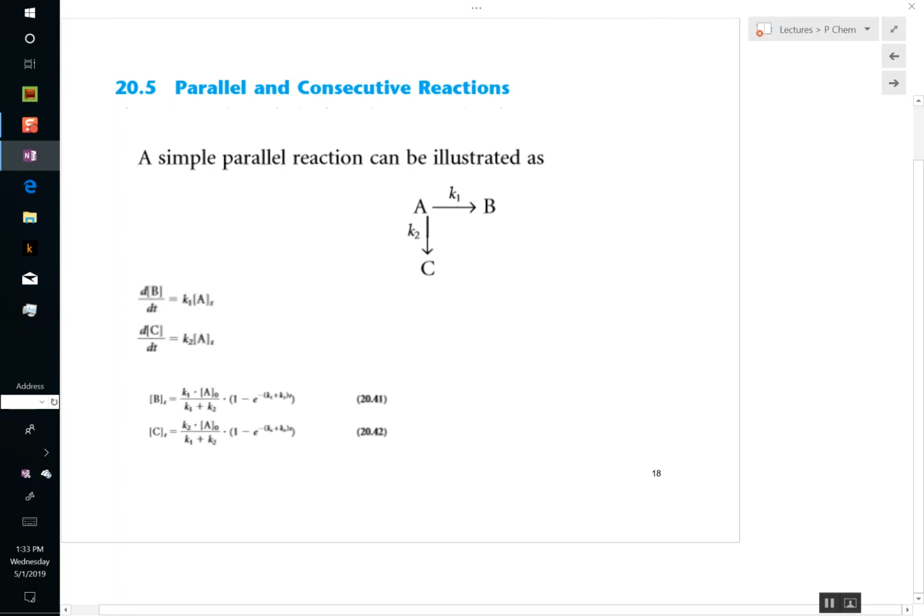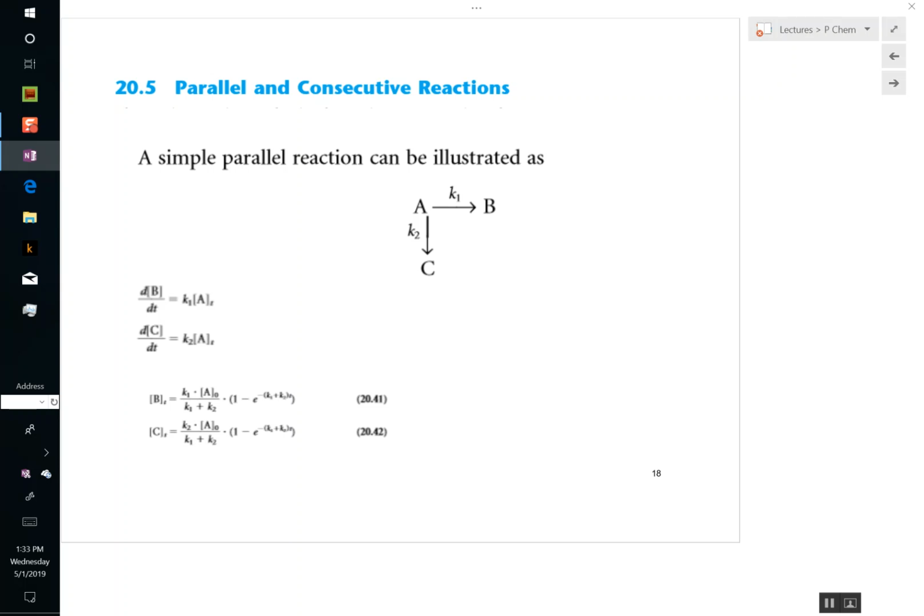All right, now let's dig a little further into this. We're going to look at parallel and consecutive reactions. Let's look at parallel reactions first. A can react to form B, or it can react to form C. It can do either one, and it does each at different rates.